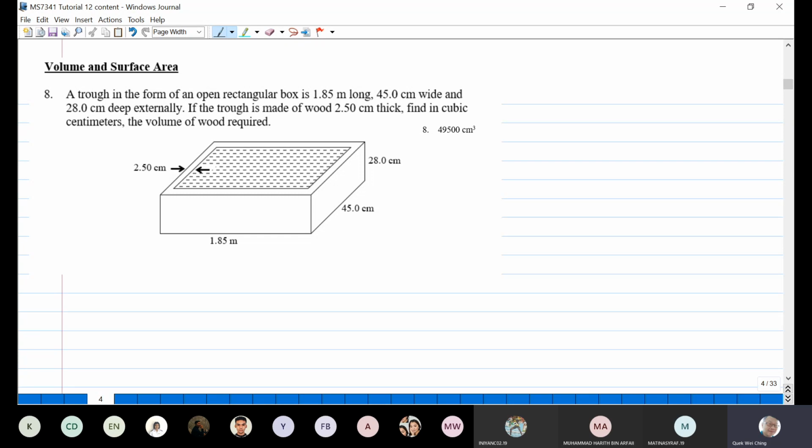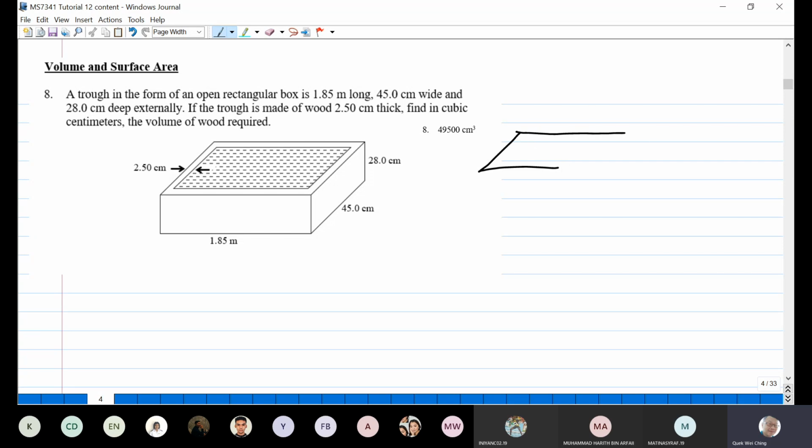Of course, you can break it up into small pieces and find the volume of the wood there. Thickness is 2.5 cm. Or you can take the big one, let's say the wood contains water here. So you actually take the big one. Let me draw it here.